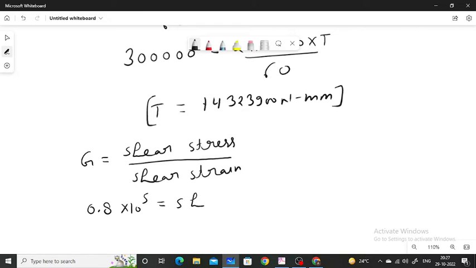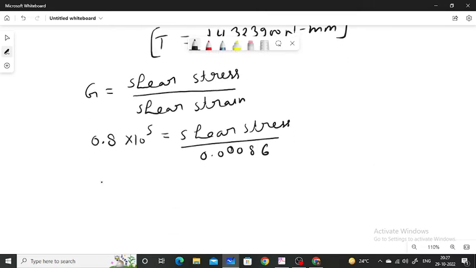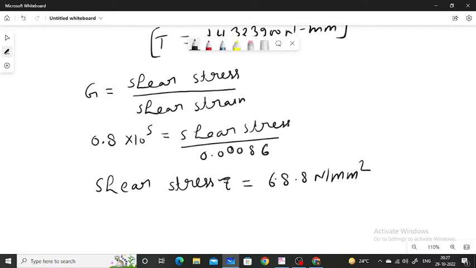Shear stress can be calculated because shear strain is given, which is 0.00086. So from here shear stress tau will be equal to 68.8 Newton per mm square. Clear?